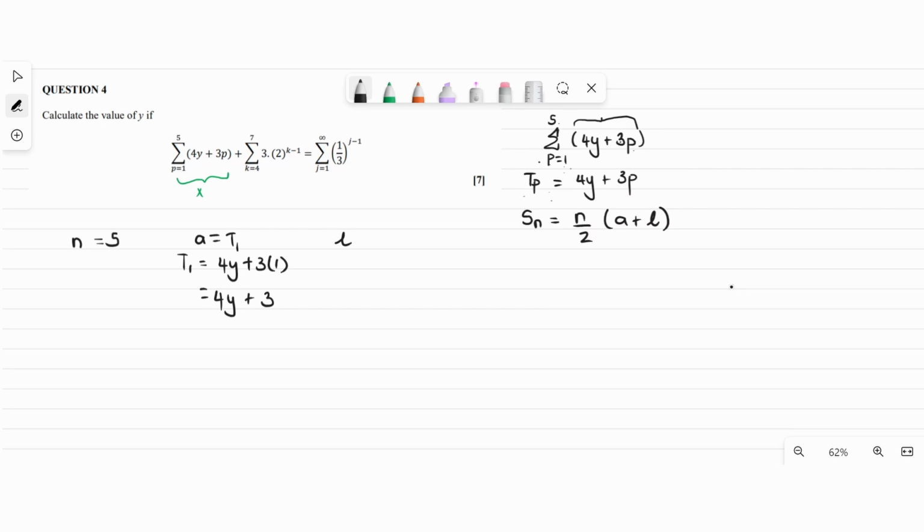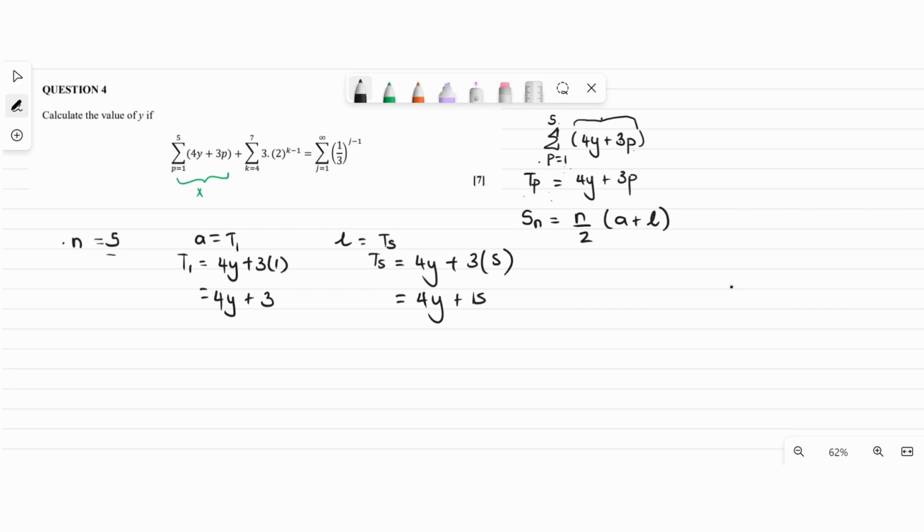We're going to use the n, which is 5. This one is going to be equal to T5, that's our last term. Wherever we see p, we substitute 5. So T5 is equal to 4y plus 3 times 5. Therefore, 4y plus 15.